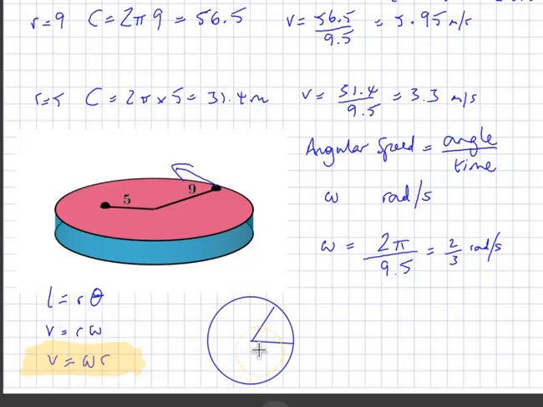And the key idea to understand, okay, so in a certain amount of time, the velocity over a second, let's say for sake of argument, is that distance traveled in that second. And the angle, the omega, is the speed with which it is turning.